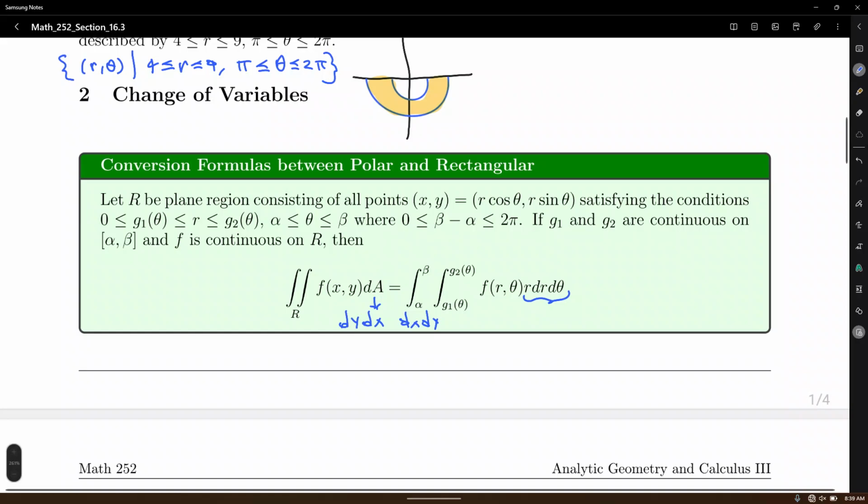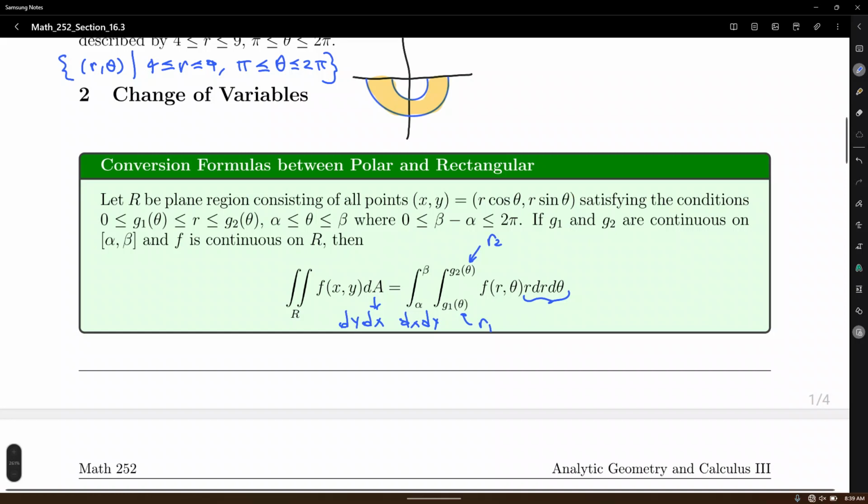Let's discuss the limits of integration for a double integral in polar. Unlike an integral in rectangular, for which the inner limits of integration were either constant values or variables in terms of the outermost variable of integration, in a double integral in polar the inner limits of integration are the radius.